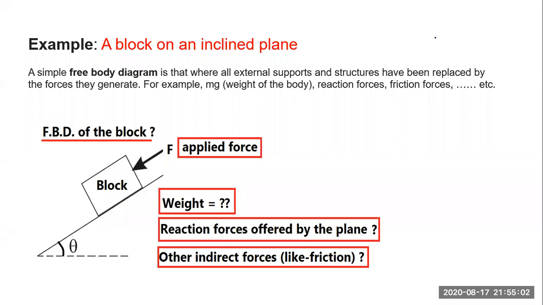The example of a free body diagram: say a block on an inclined plane. In the figure, we can see this is a block of, say, mass m, which is given, and it is placed on an inclined plane which is inclined at an angle theta with the horizontal.